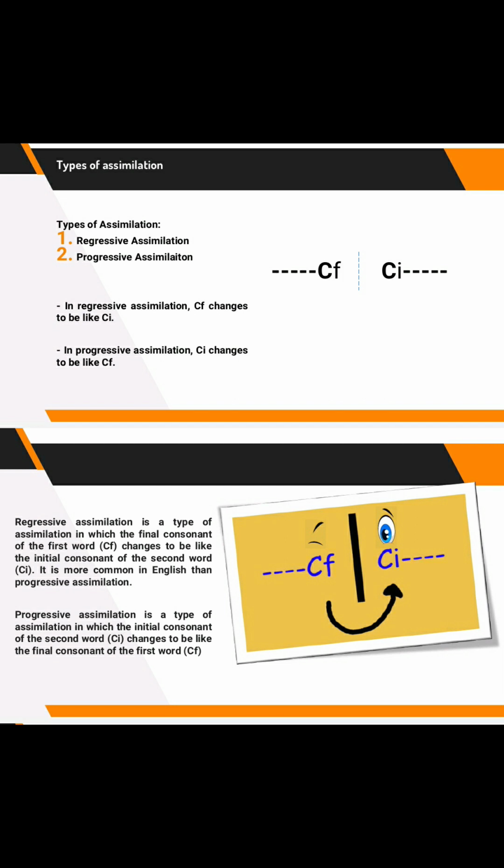Assimilation can also happen within single words, but it usually happens between 2 neighboring or adjacent words. When we say one consonant changes in some way to be like another consonant in a neighboring word, and the change is in place of articulation, this means that this consonant changes in place to be like the place of the other consonant.